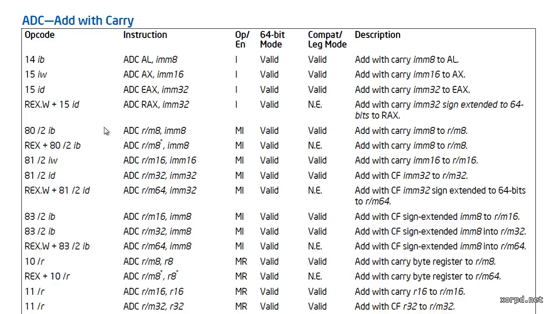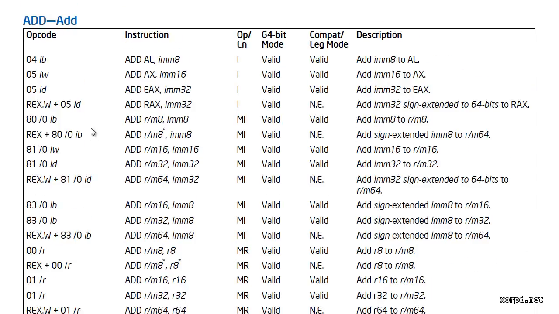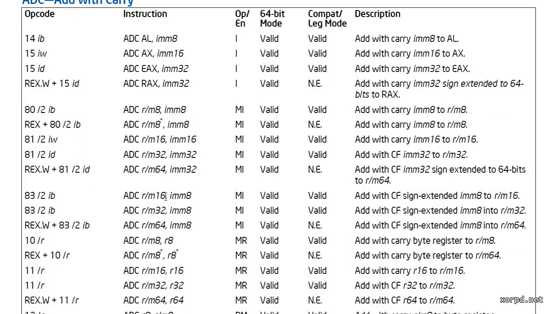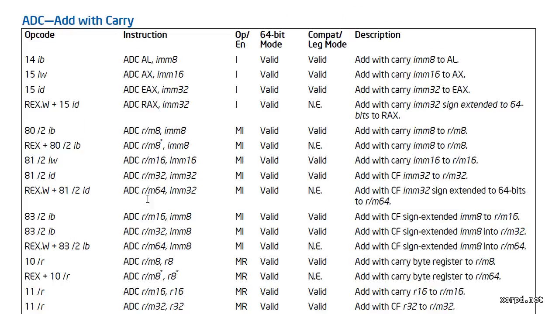We can see that it has a very similar syntax to the add instruction. In fact, it really looks the same. There are about the same options for instructions. If we take a look for a moment at the add instruction, we can see that it really looks the same. This might be a good clue.